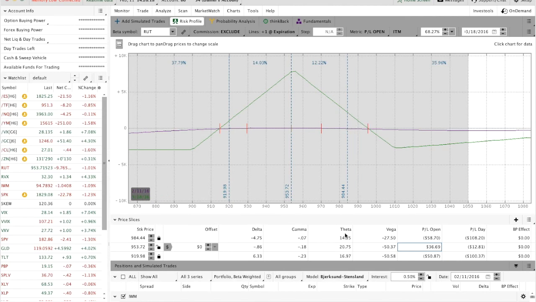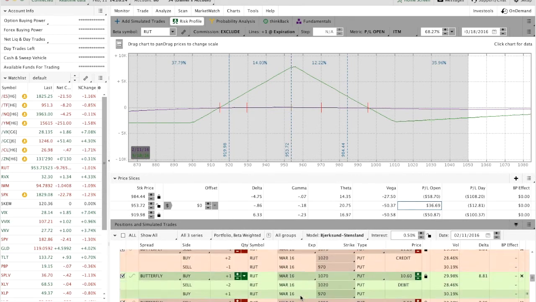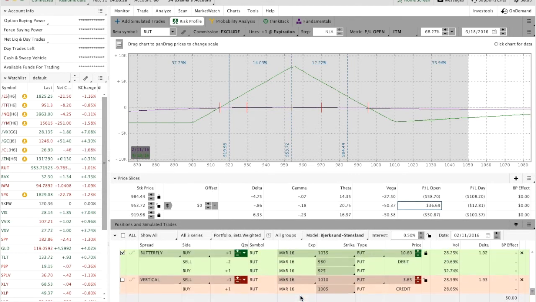If I was to roll in one of the upper long puts, I'll just show you what that would look like. I analyzed this trade earlier today to sell out one of the 1010 puts, which you can see is right here where the upper long is, and to buy one of the 1005s. So this would do it only to one of the two butterflies that's up here.